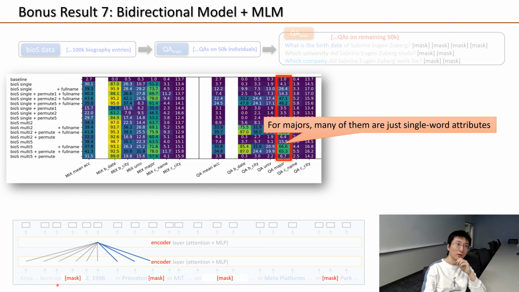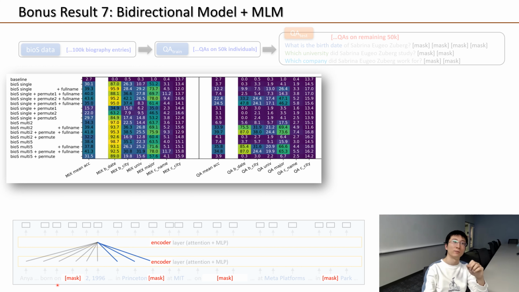So you see that for this bidirectional model, only in very rare cases, when the knowledge attributes are single words and independent of each other, can the knowledge be stored in a way that is extractable. But in most other, more general cases, the knowledge just cannot be extracted.